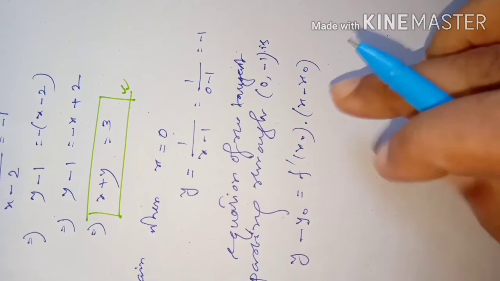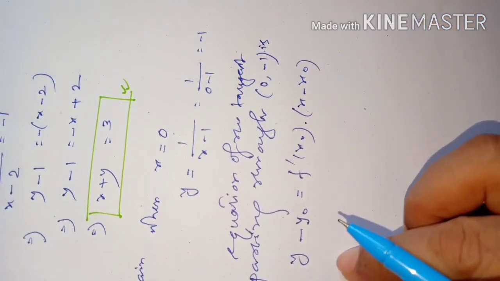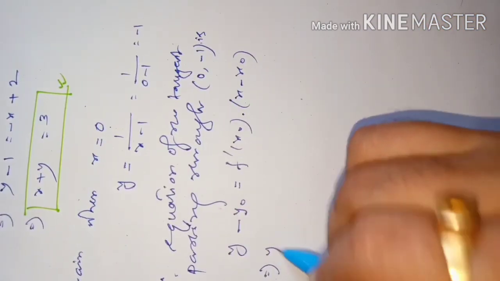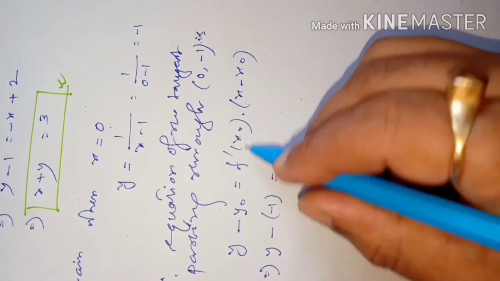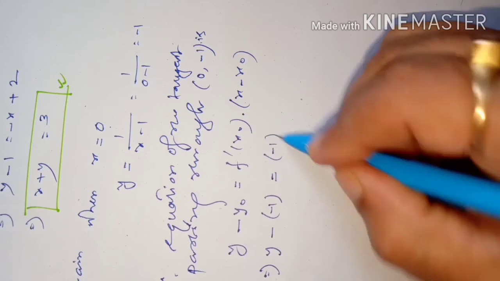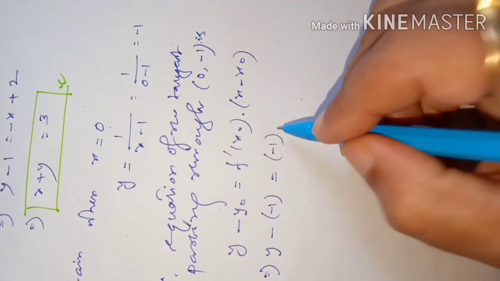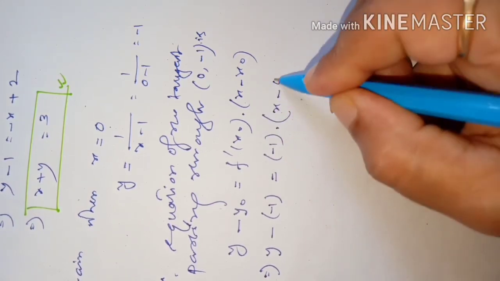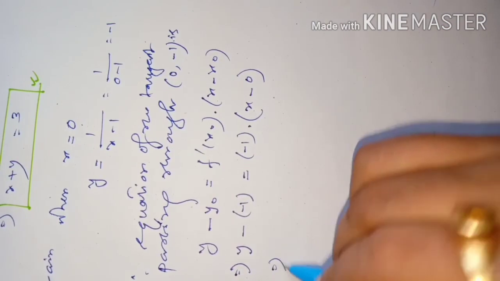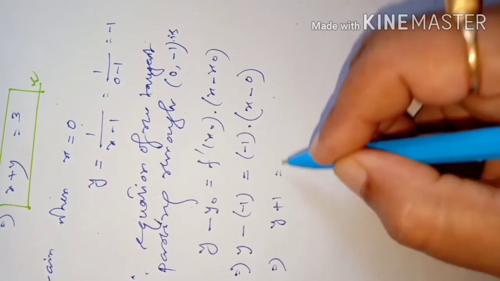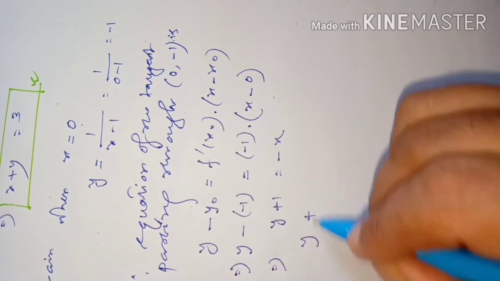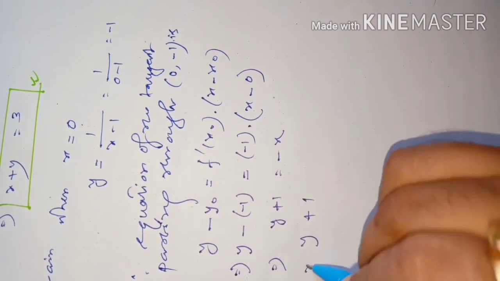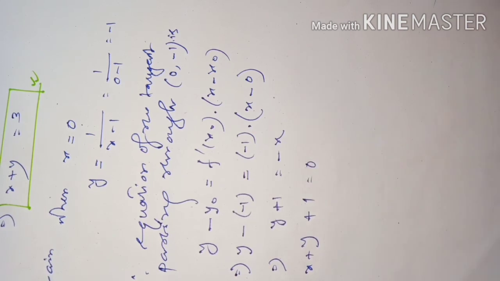So y minus y naught, that is y plus 1, is equal to f dash x naught, which is minus 1 as given in the question, the slope of the tangent, into x minus x naught, which is x minus 0. So what we are getting here is y plus 1 is equal to minus x, or x plus y plus 1 equal to 0, which is the equation of another tangent.